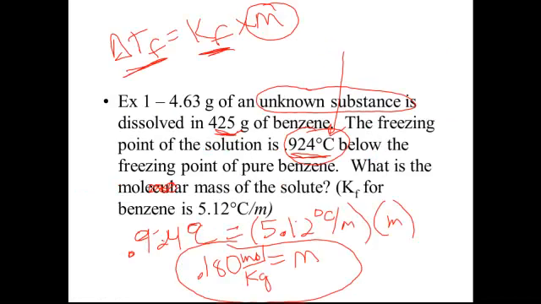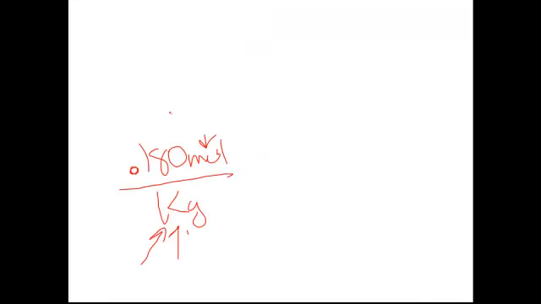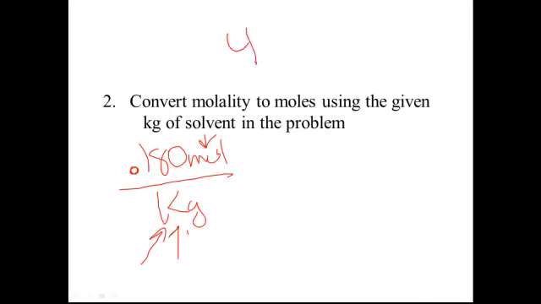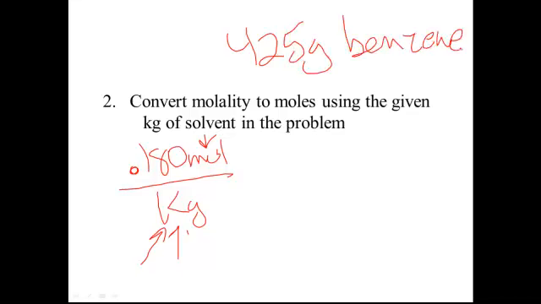So let's come back to the original problem. It tells us that 4.63 grams of an unknown substance is dissolved in 425 grams of benzene. So that's telling you right there that benzene is the solvent. So we can use that mass of benzene, the 425 grams, to get rid of our kilograms on the bottom.